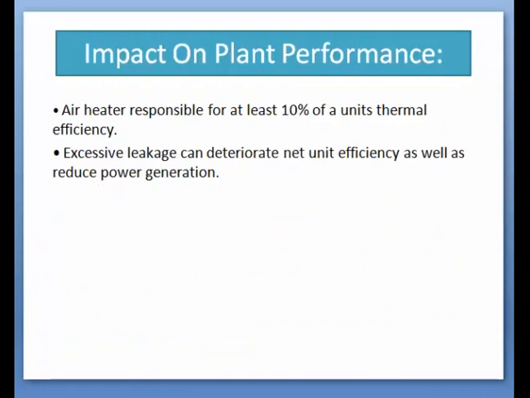Apart from this, it lowers the fan margin and gas exit temperature due to high leakage, because of extra air mixing with the flue gas. So at the outlet of the air heater, the volume of flue gas will increase, and ultimately that has to go to the electrostatic precipitator, and it affects the performance of the ESP also.